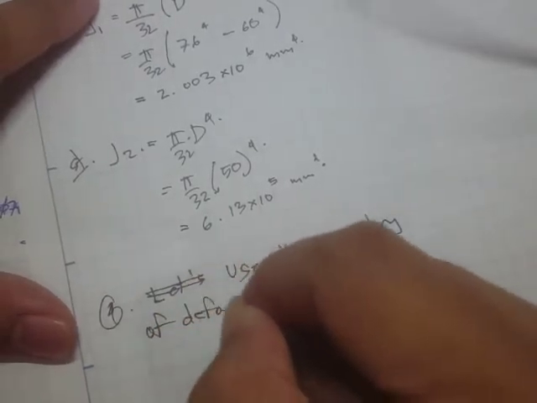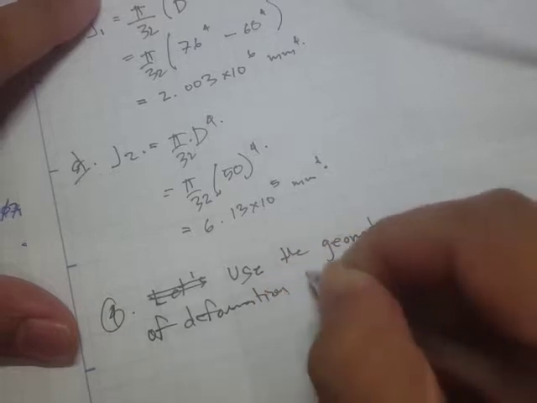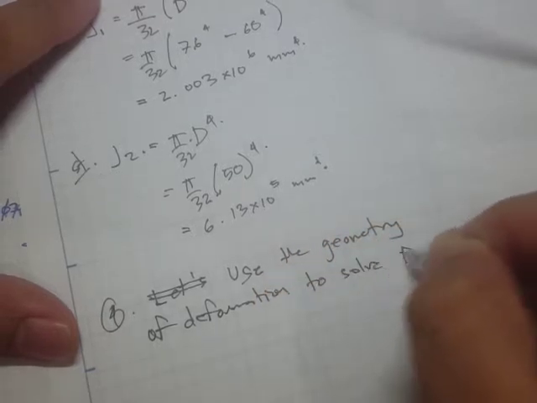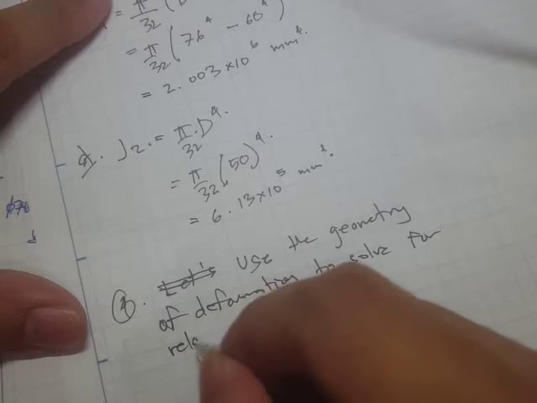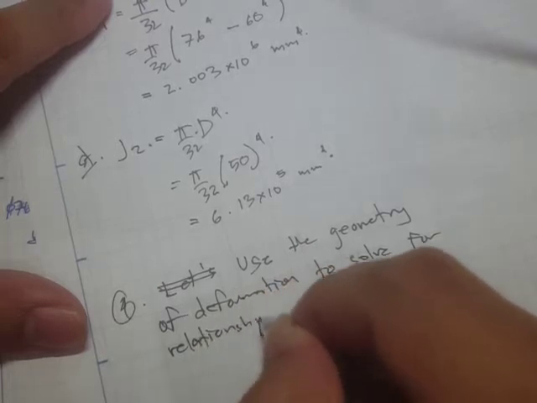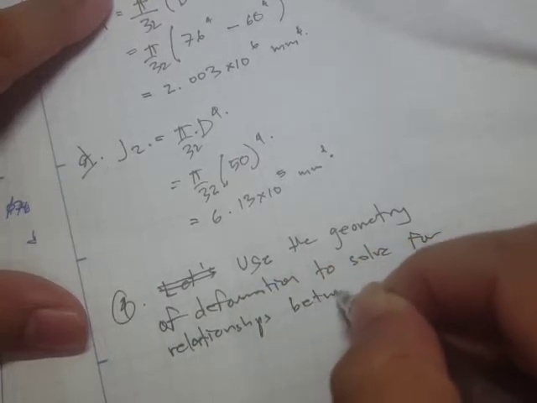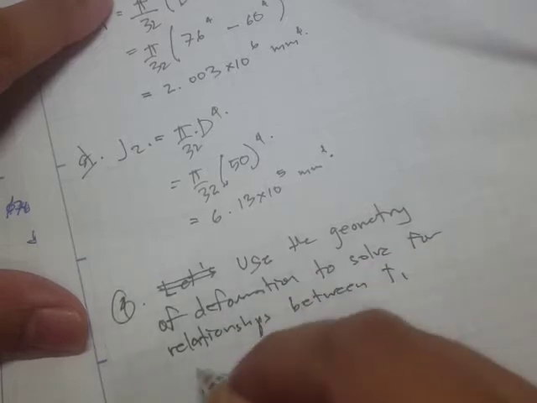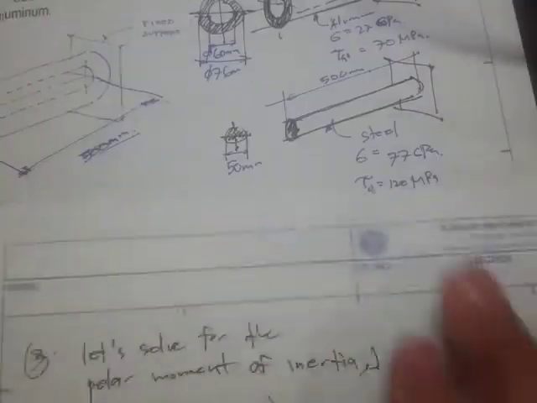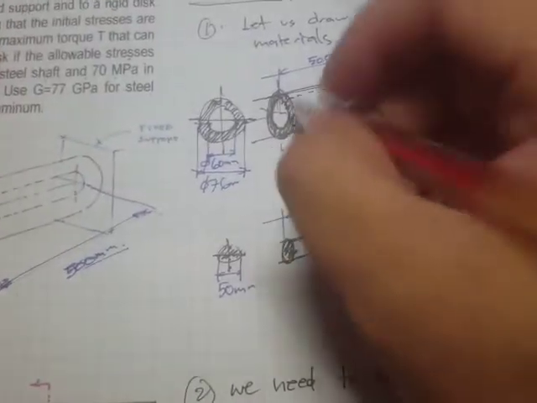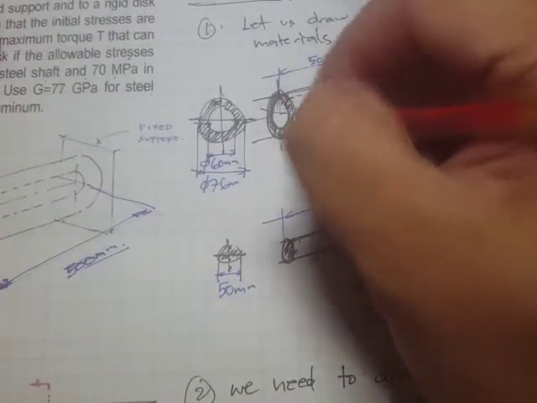Right. So now let's use the geometry of deformation to solve for relationships between T1 and T2. Okay, so I think we forgot to write it here. Let's draw here.